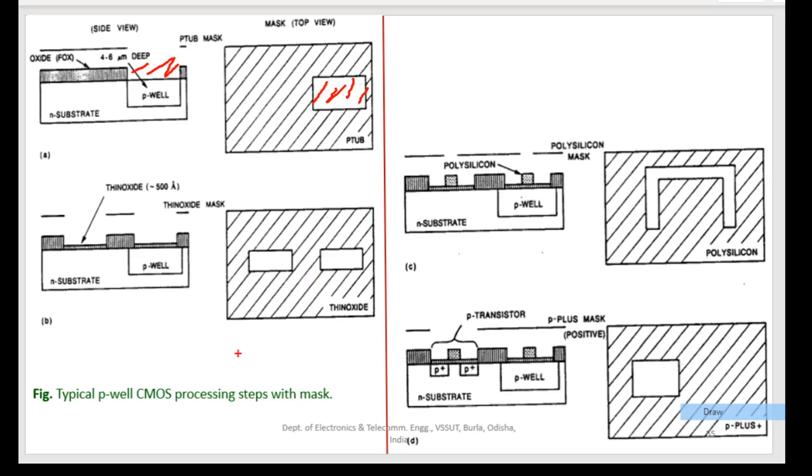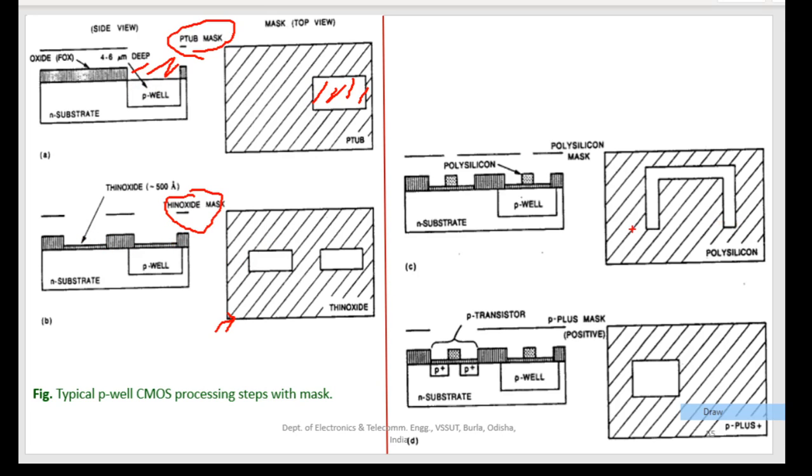This is actually representing the mask, which mask will be used for forming the active region for P MOSFET and N MOSFET. Okay, and this particular mask is called the P tub mask, will be used for forming this particular N well area, and this Thinox mask will be used for forming these two windows.